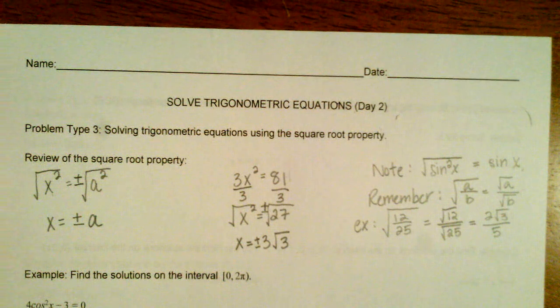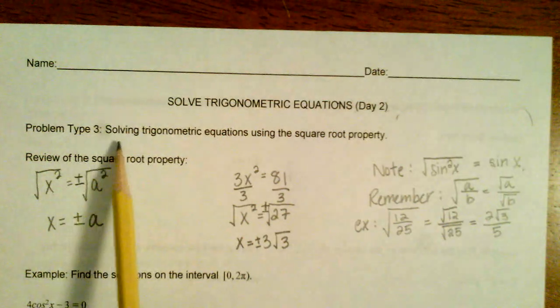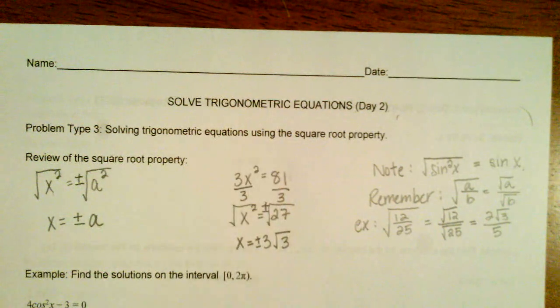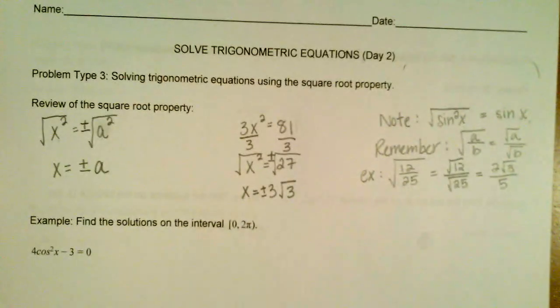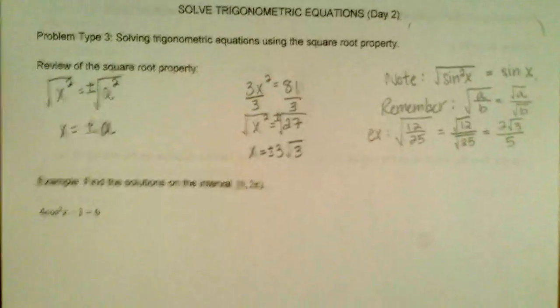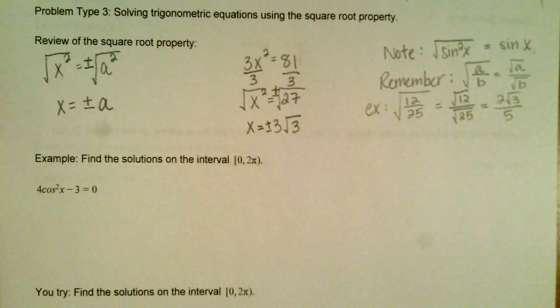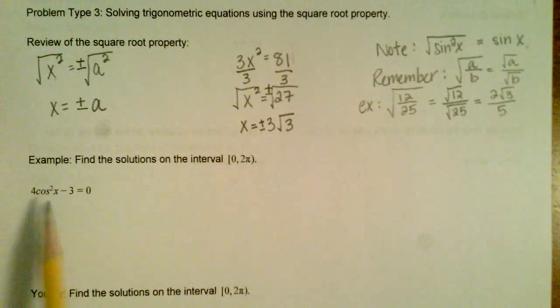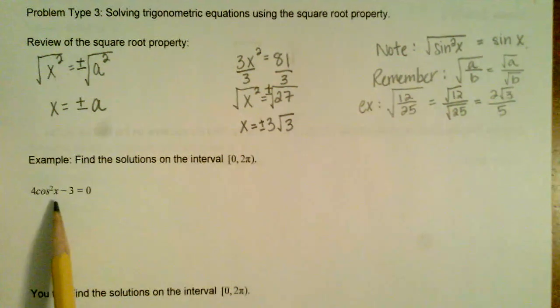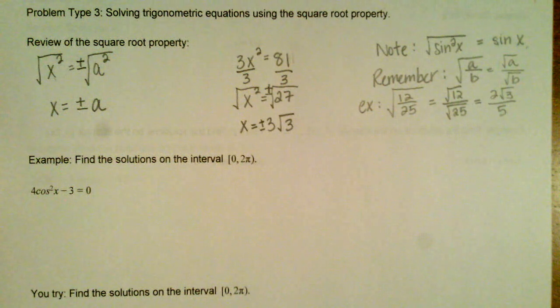So like I said, our third problem type is going to be to solve trig equations using the square root property. How do we know that we're going to need to use the square root property? If we look at our example, we have 4 cosine squared of x minus 3 equals 0.